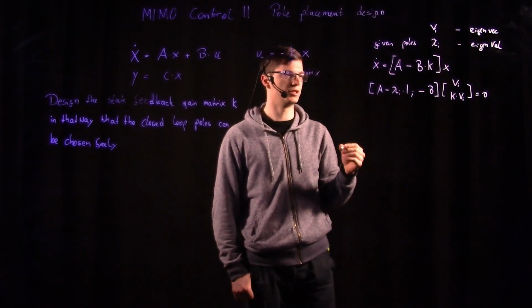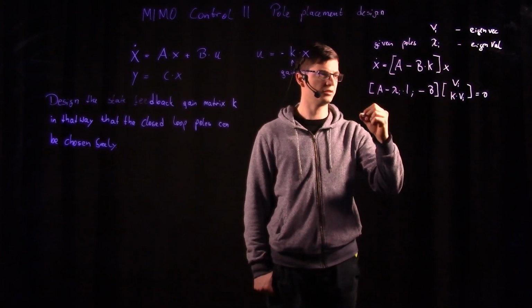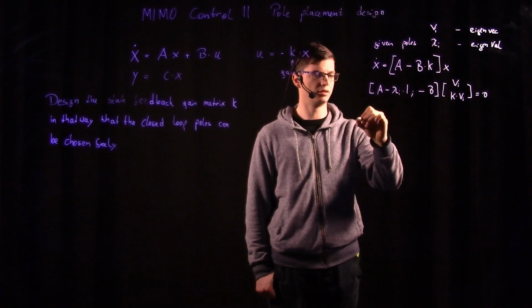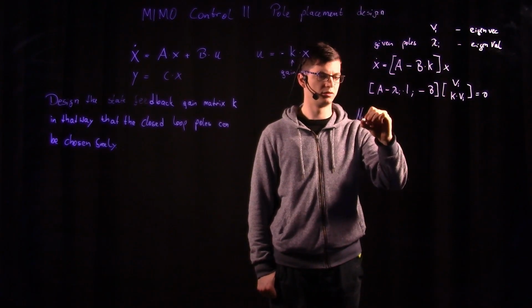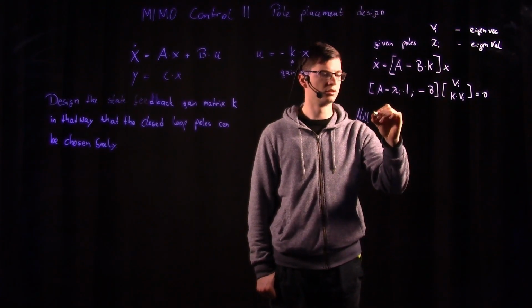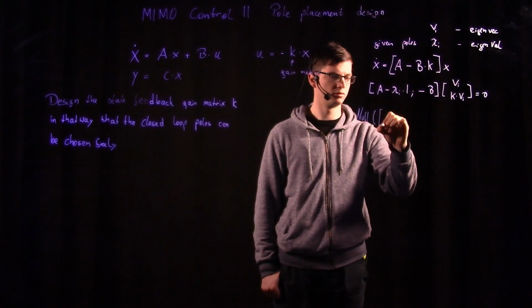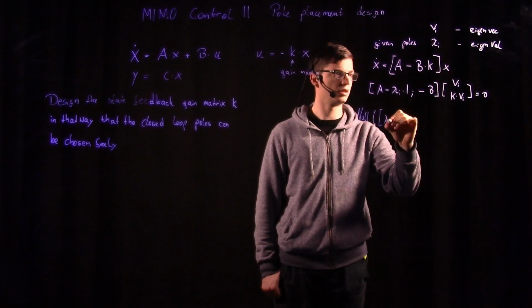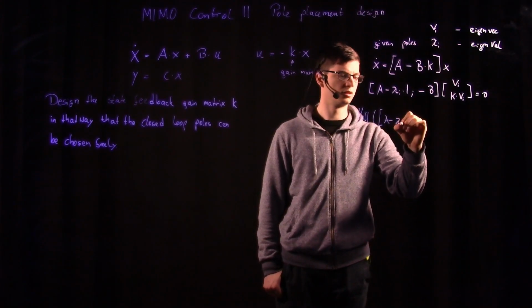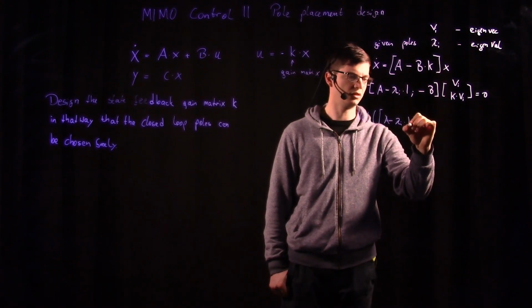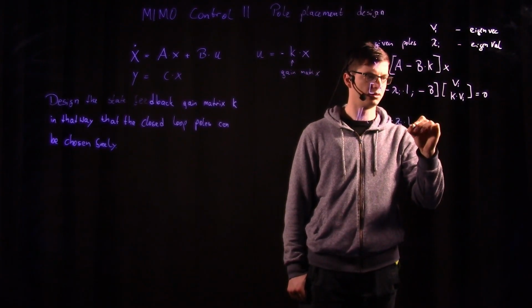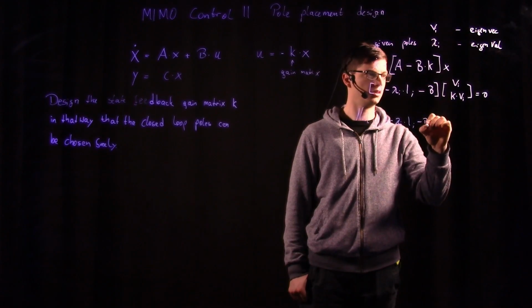We will use the null space description and say A minus lambda_i times identity matrix, semicolon, minus B.